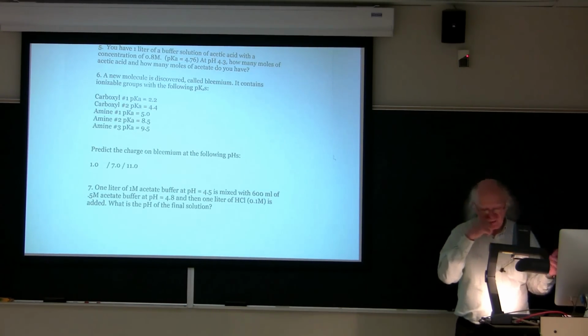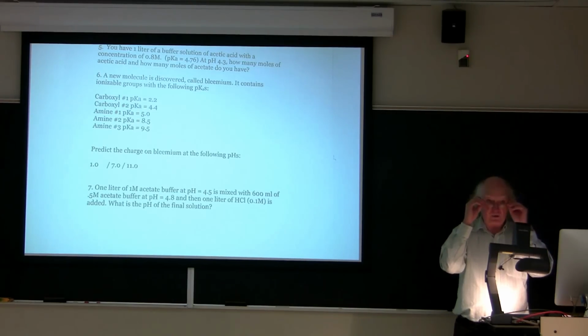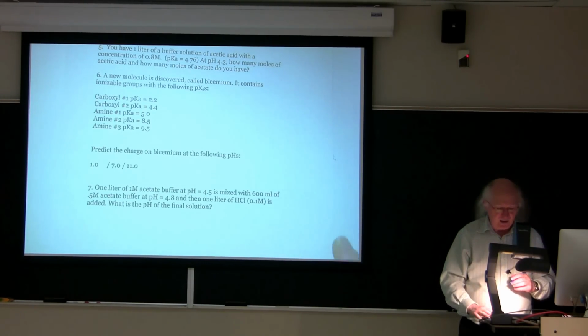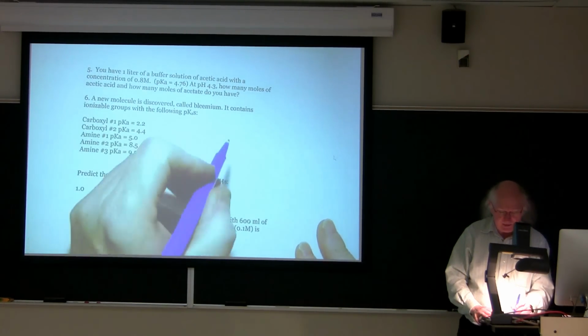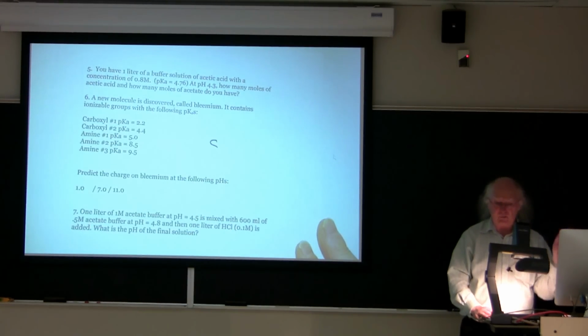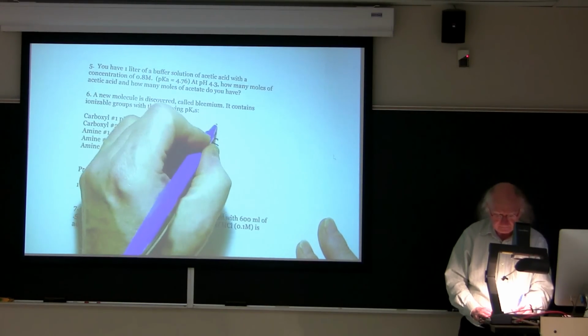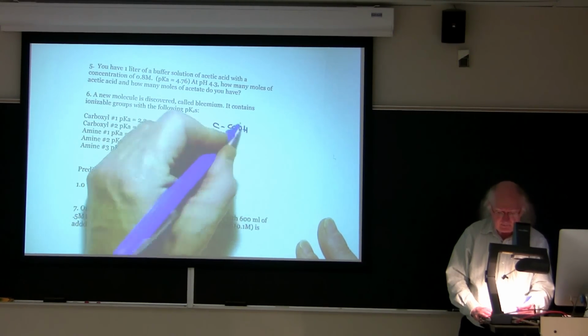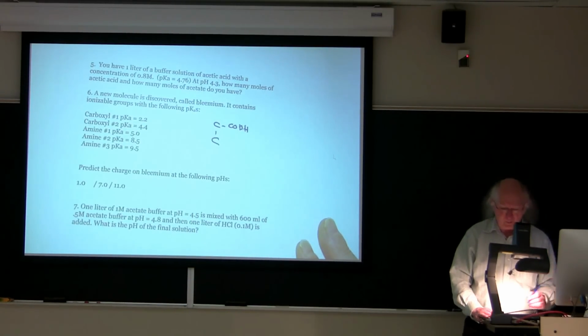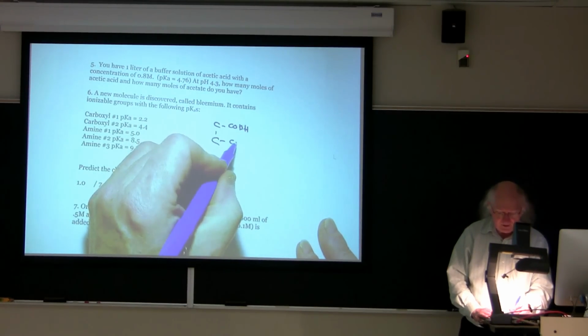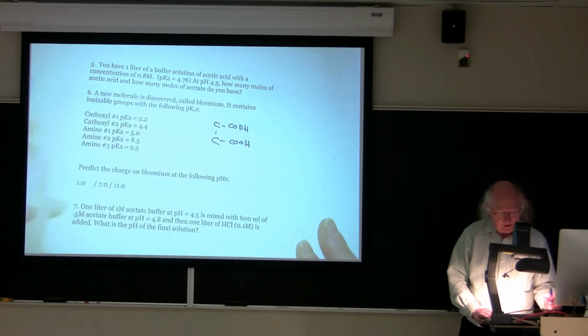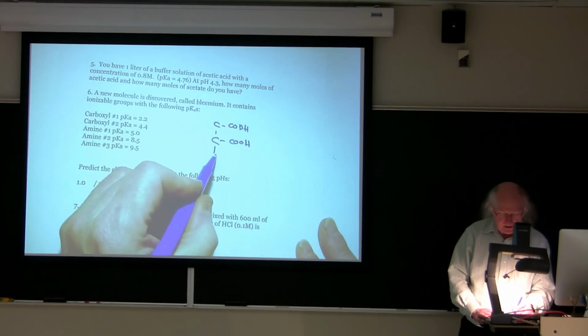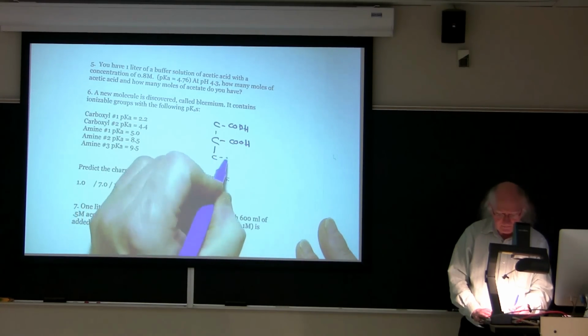Well, I haven't given you a structure, so let's just draw out a theoretical structure of blemium just to help us to keep track of what it looks like. So let's imagine blemium looks like this, and you can pick any structure that you wanted for this. So let's say there's carboxyl group number 1, and I'm going to draw these first with all of the protons on. There's carboxyl group number 2, and here is amine number 1.